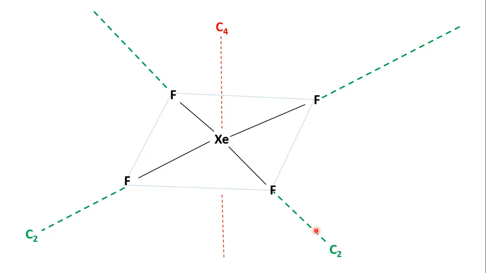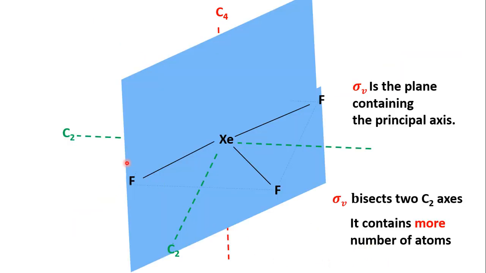Now once again we find the xenon tetrafluoride. C4 is the principal axis perpendicular to the molecular plane passing through xenon. We have shown two other C2 axes. In the previous case, the C2 axis was in between two xenon fluorine bonds.